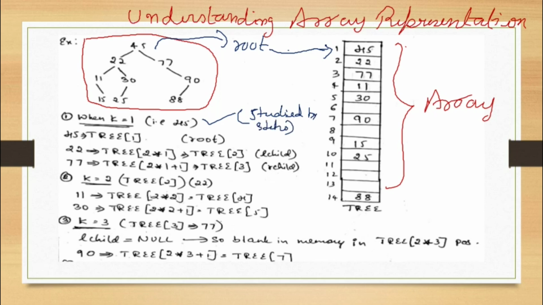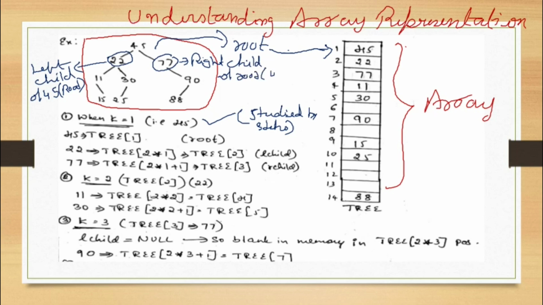So how do we find the left child? What is 22? 22 is the left child of 45, which is the root. And 77 is the right child of the root, which is 45.